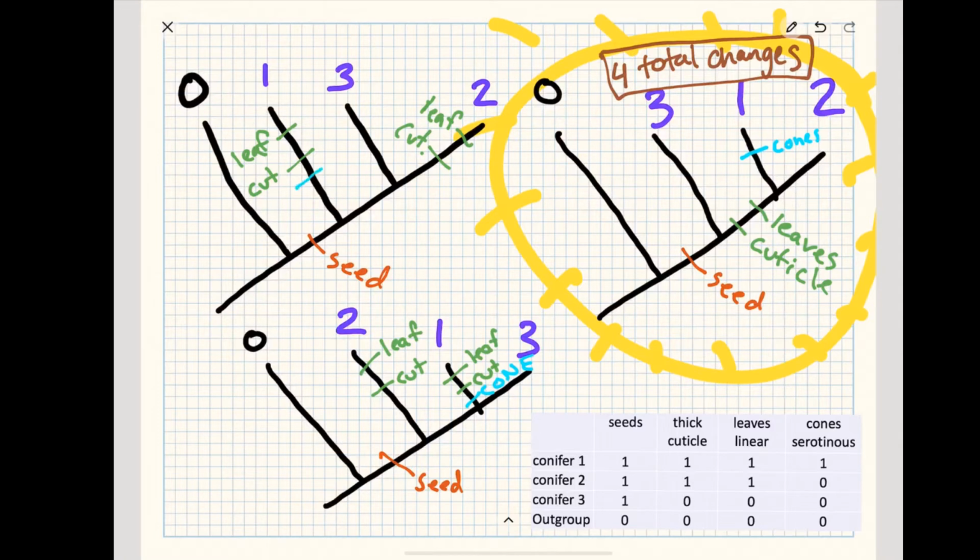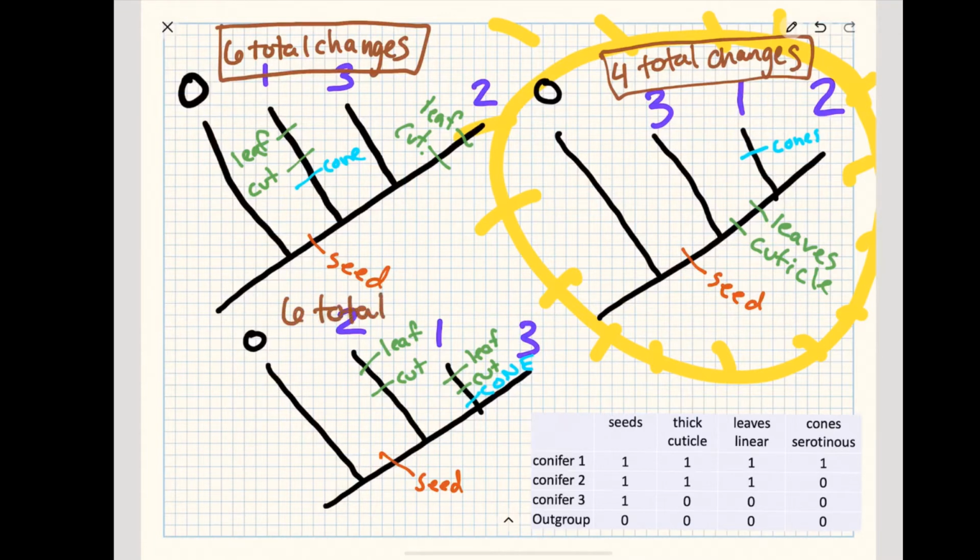And of course, conifer number 1 still had those serotinous cones. And the seed was still basal to all 3 of them. And so actually these other 2 possible cladograms each had a total of 6 changes. More changes, less simple. Just simply more changes is more complicated. It implies that there was more convergent evolution, which is less likely.